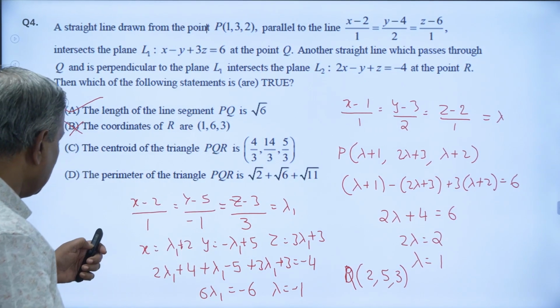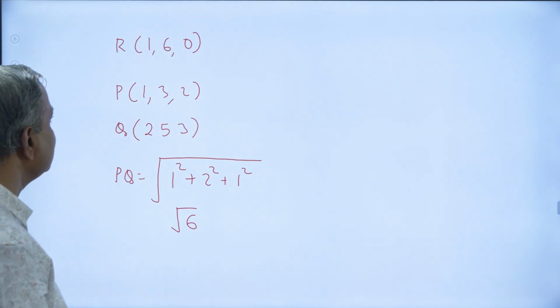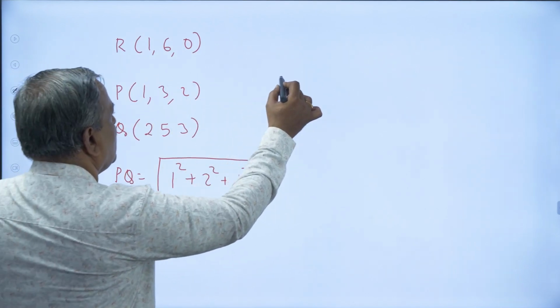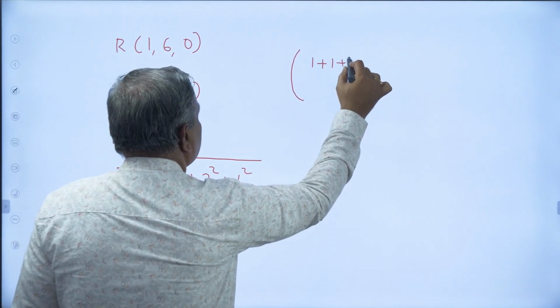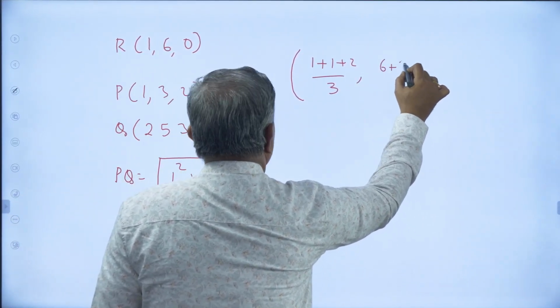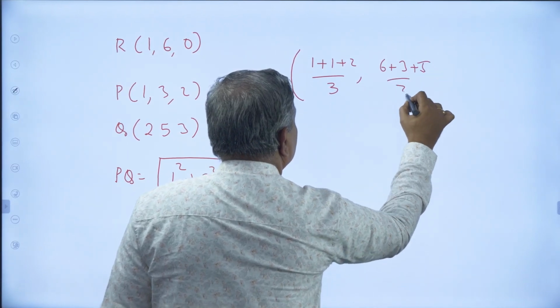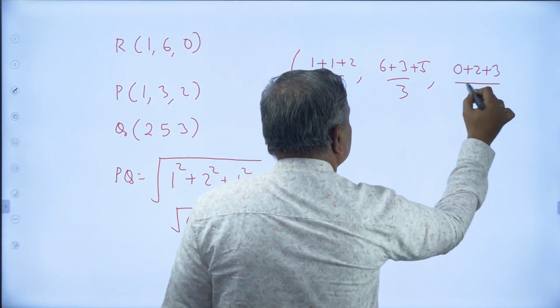Now, they are asking the centroid of triangle PQR. Now I think you all can easily find the PQR centroid. The centroid coordinates will be 1 plus 1 plus 2 by 3. Similarly, 6 plus 3 plus 5 by 3. Similarly, 0 plus 2 plus 3 by 3.